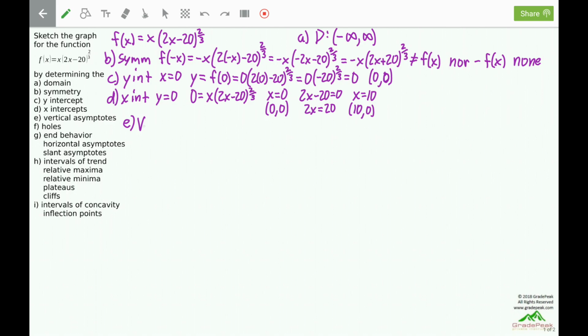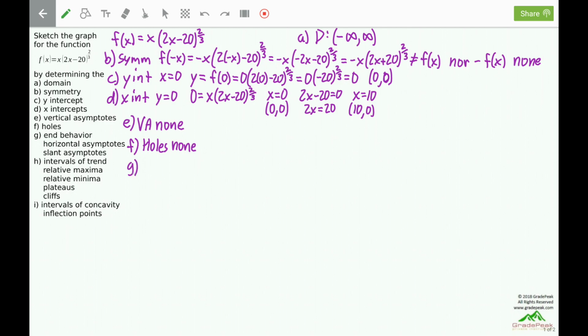For part E, we want to determine if there are any vertical asymptotes. f of x is a polynomial term times a positive fractional exponent. Everything's in the numerator. There is no denominator. So there will be none. For part F, we want to determine if there are any holes in the graph. f of x has no denominator, so there will be none.